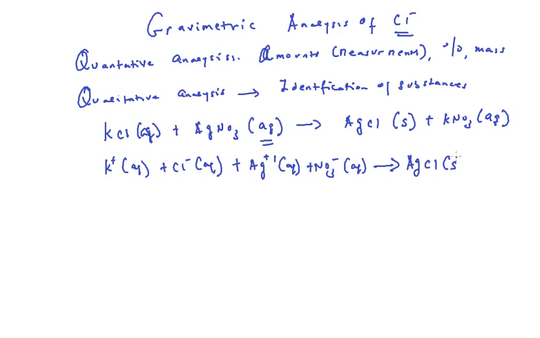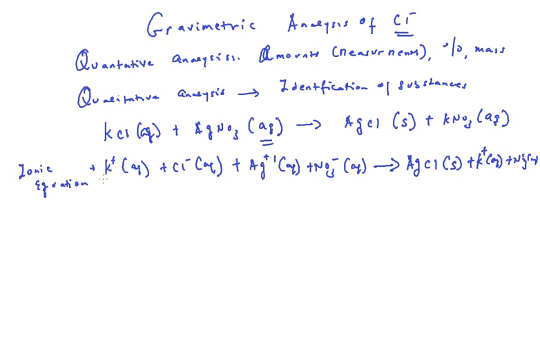It is a precipitate, so we'll leave it as is. It's going to be AgCl plus potassium nitrate. It's aqueous, so we will have a potassium ion and a nitrate ion. So what we have here is an ionic equation. Ionic equation means that you write the metathesis reaction or the molecular equation in the form of ions.